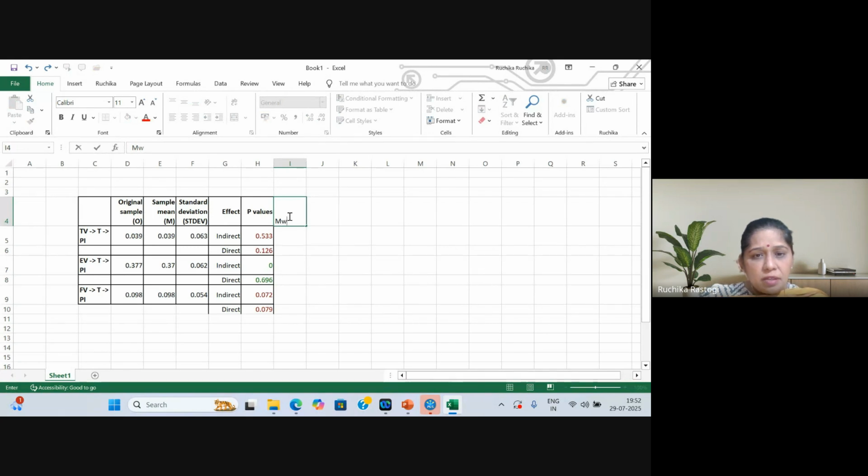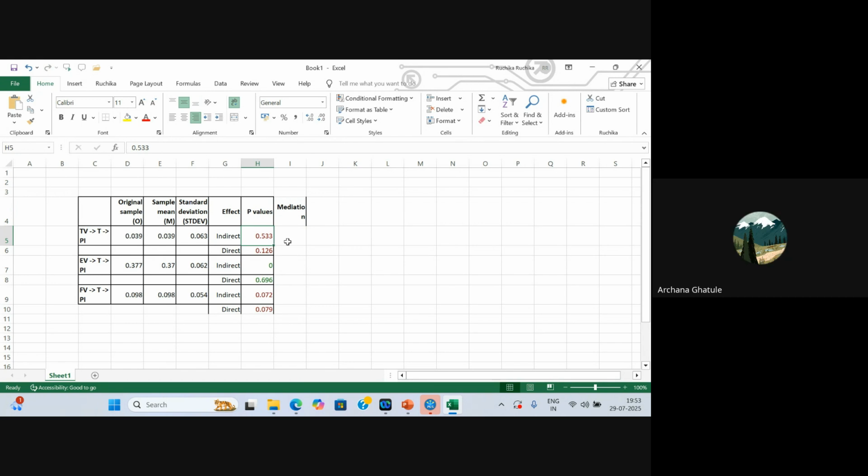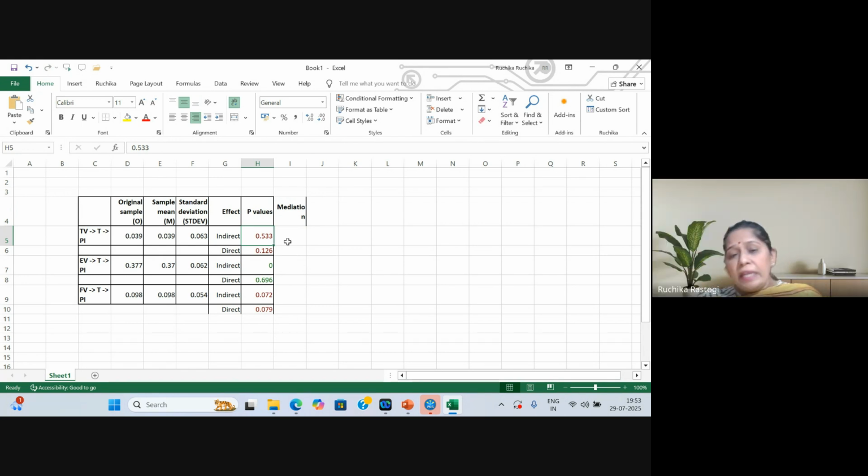How will we check whether the mediation effect is there or not? Look here, please. The indirect value's p value is 0.533. Is it significant or not significant? Not significant. If the indirect value is not significant, that means there is no mediation.